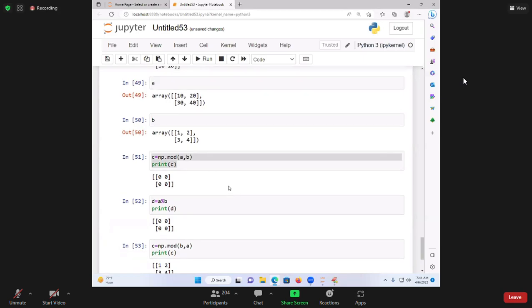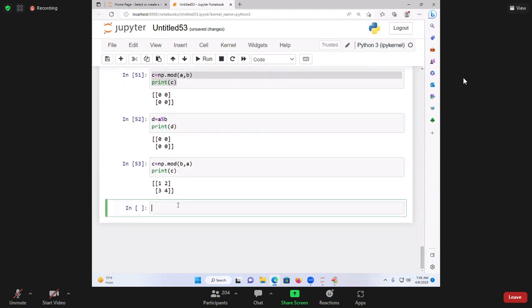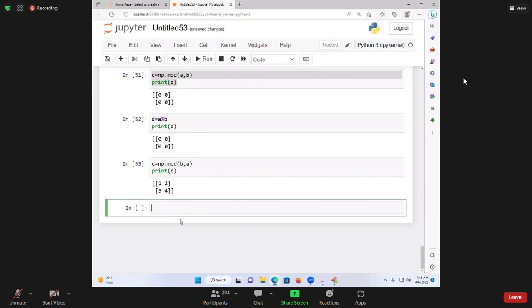The B value is 1 percentage 10. 1 percentage 10 means what, students? 1. 2 percentage 20, same, 2. Same values will be coming like the B matrix. Getting? So this is about modulus. Then power I will take. Power is nothing but exponentiation, which will be taken up.